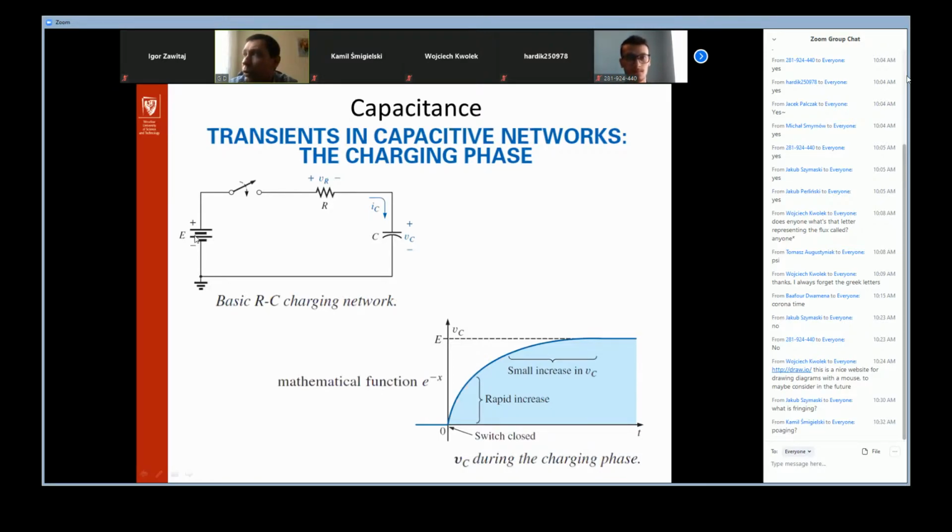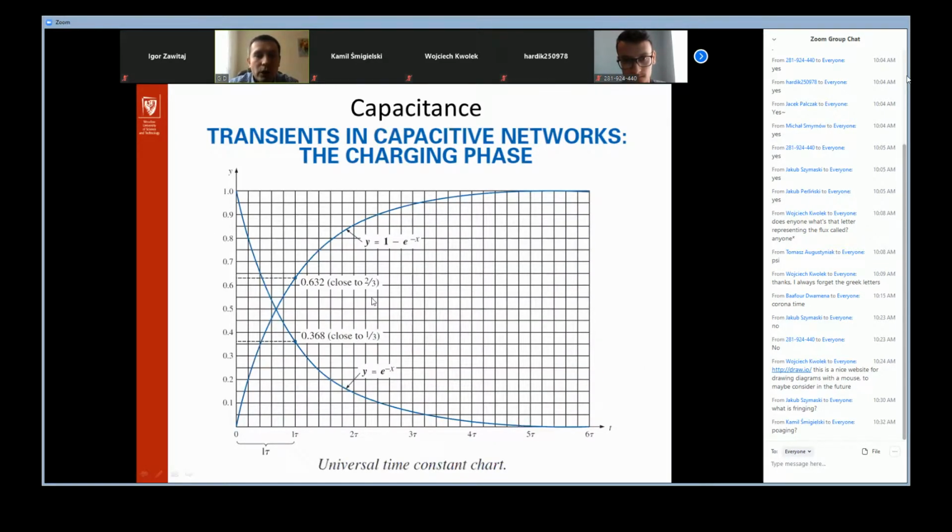We know from Kirchhoff's voltage law that in this moment it is not possible to get a higher voltage in our closed loop than the one given by the voltage source. Okay, so as you see, we collect the charges on the plates, the voltage increases, and then it gets the maximum value equal to E. The mathematical function of this charging phase, or charging process, is given by an exponential function, e to the minus x.